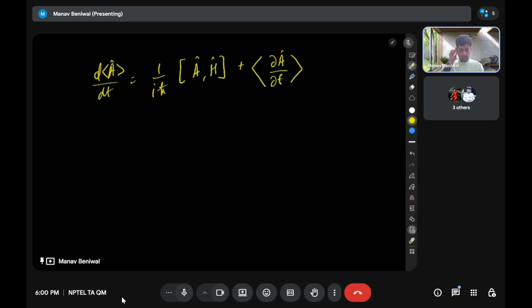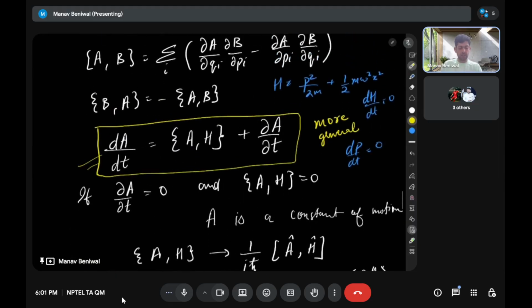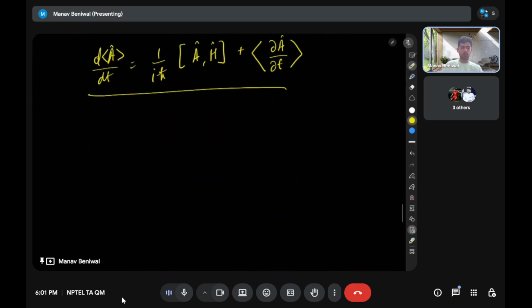So quantum mechanics also gives us this thing, and classical mechanics we have seen gives us this thing. So Ehrenfest theorem is therefore considered a bridge between classical and quantum mechanics.